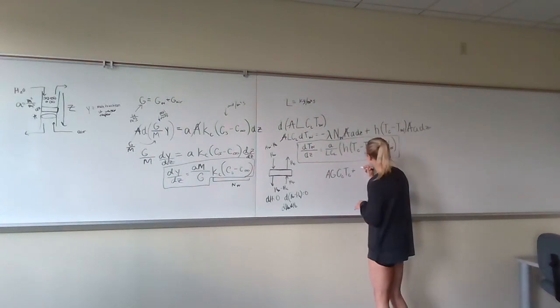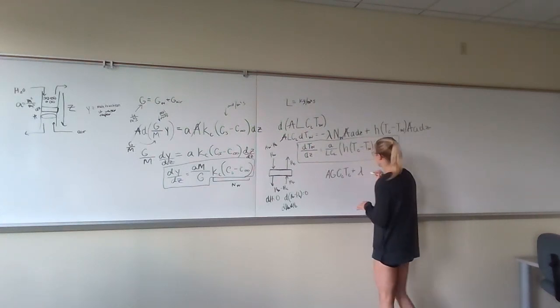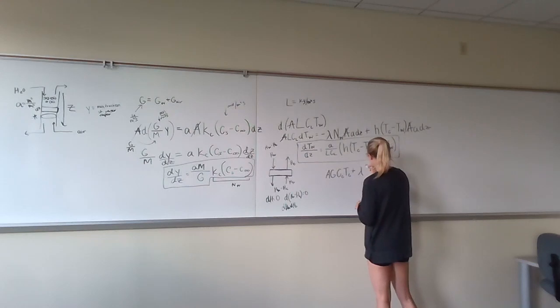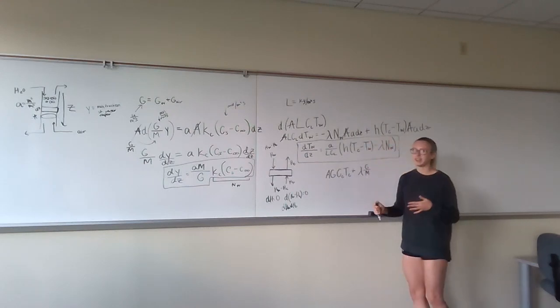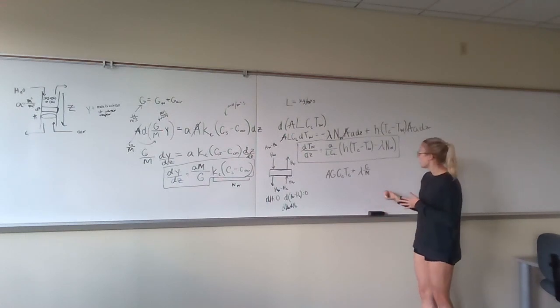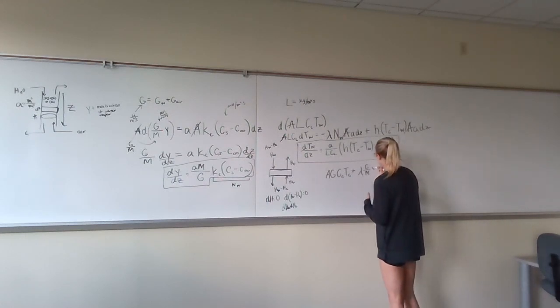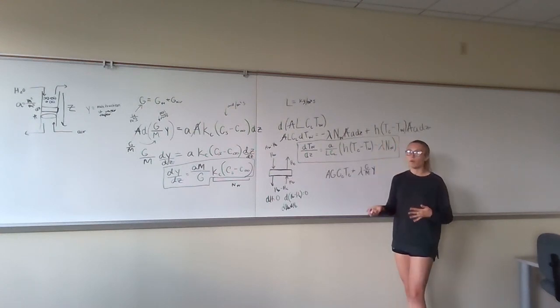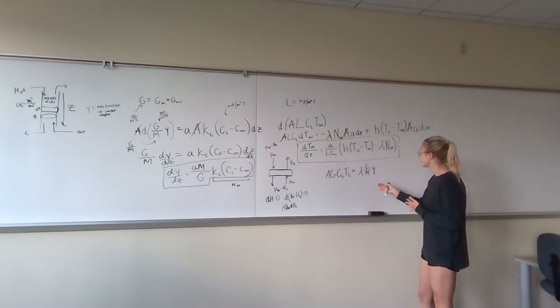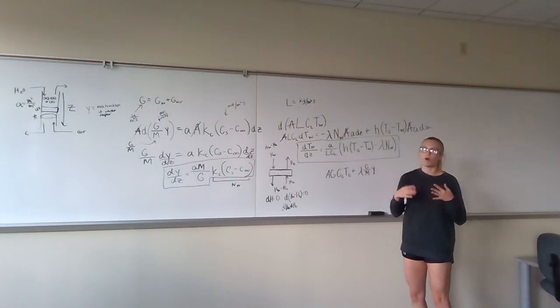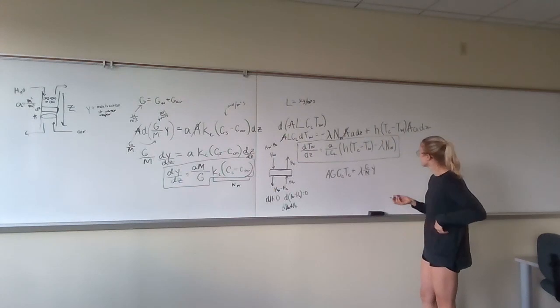So we have the enthalpy of vaporization times the gas flow rate divided by the molecular weight in order to get this in terms of moles. And then we're also going to multiply this by the mole fraction Y, because we just want the gas flow rate of the water vapor and not the air.